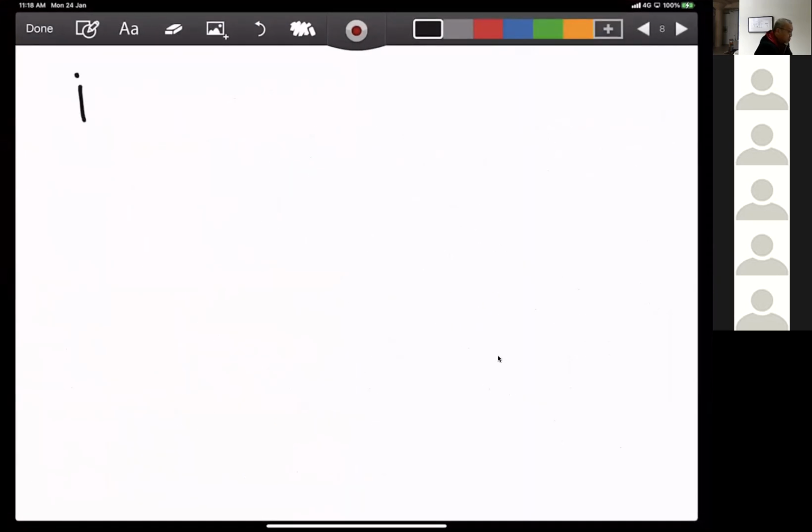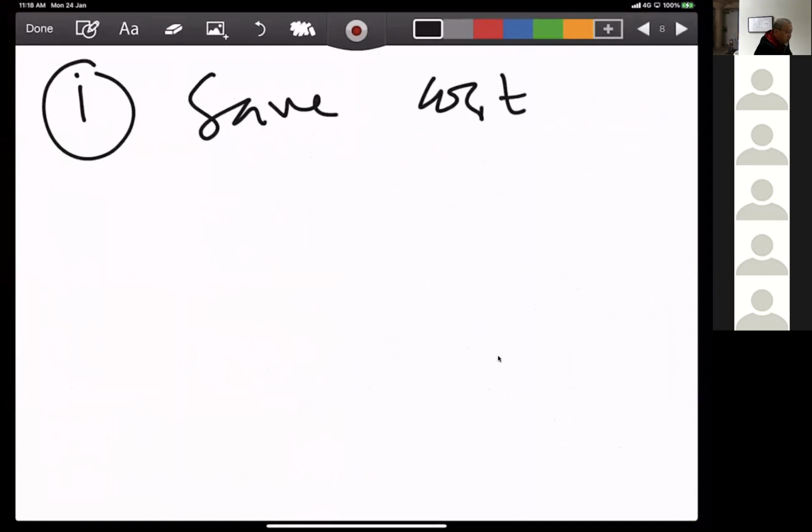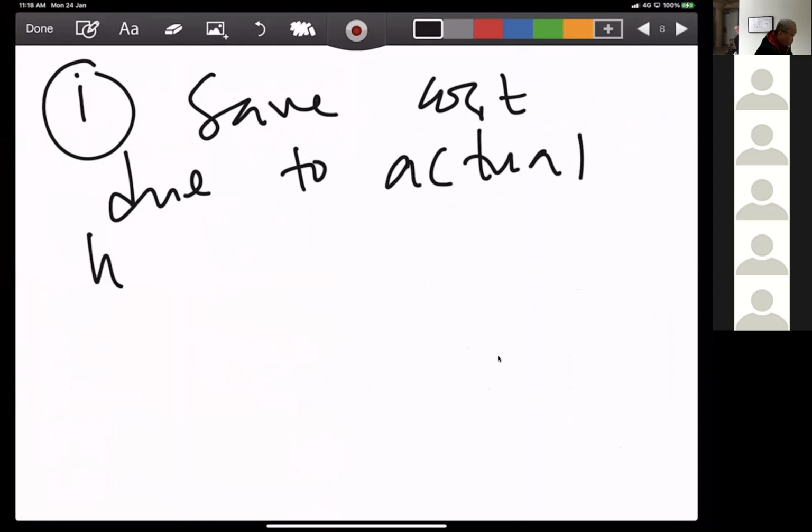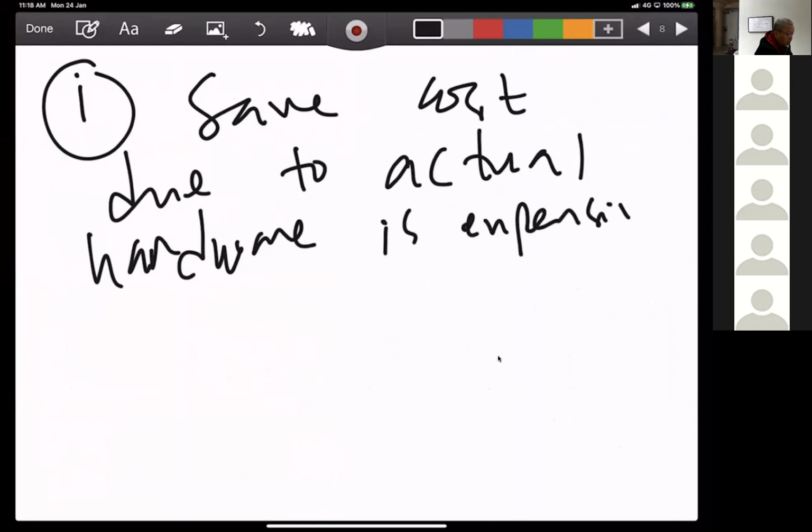We can save cost, due to actual hardware is expensive. So simulate first. Okay.